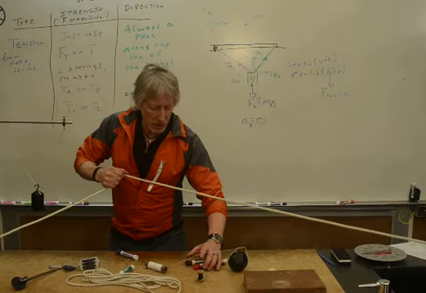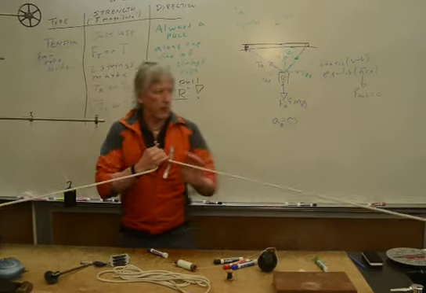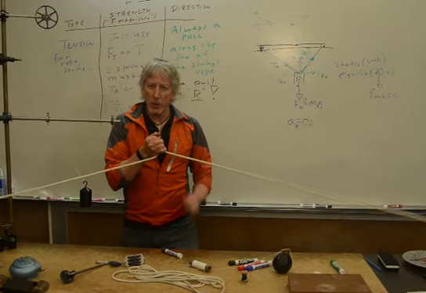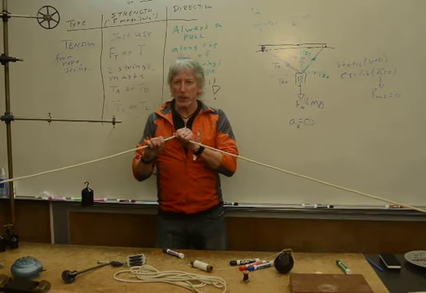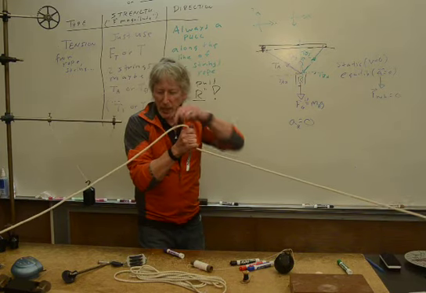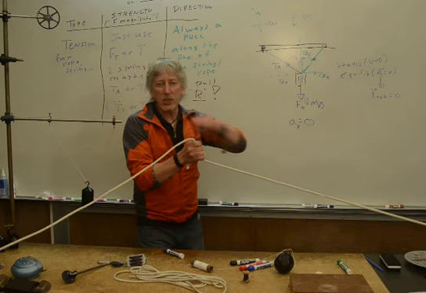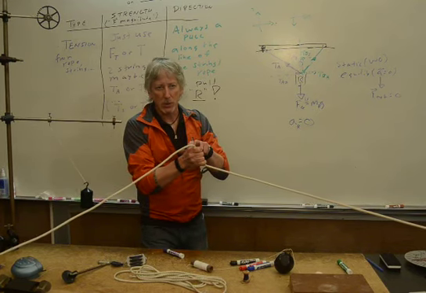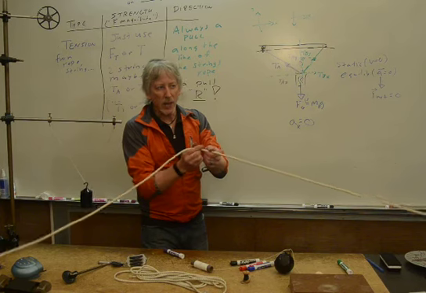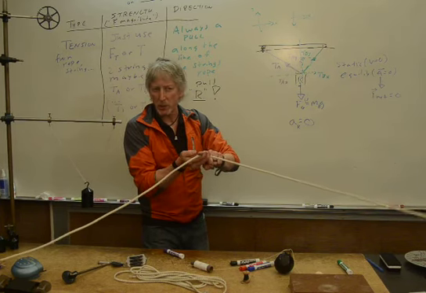Now this is an interesting thing here too. When you pull, okay, it depends on who you want to look at. I can go like this. Now watch this. Notice that I can make this side tight and this side loose. So in the same rope, the tension isn't always the same. And if you have a lot of friction, you might have that dragging along there, so it's loose on one side.